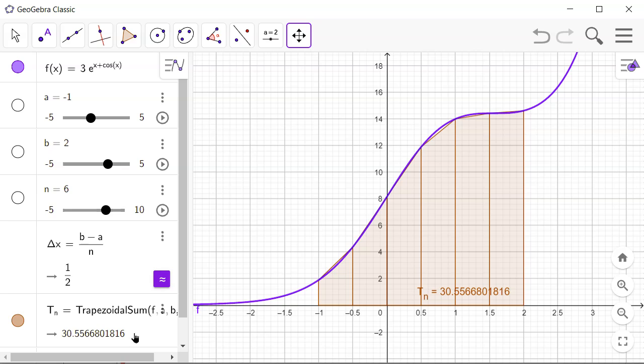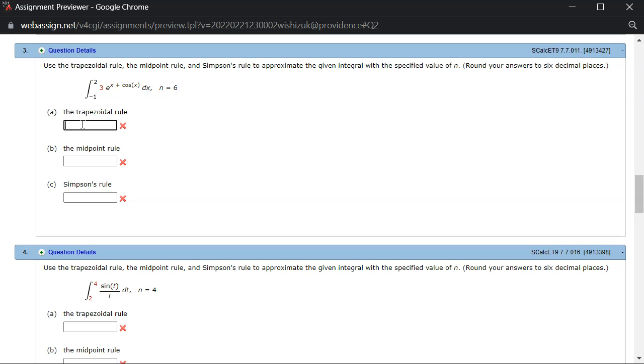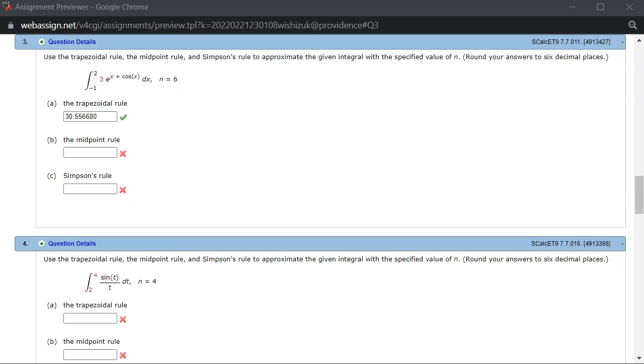So we have this value, which came out to be 30.556680. Let's type it in and check the answer. I came back and it looks like we got the trapezoidal rule correctly.